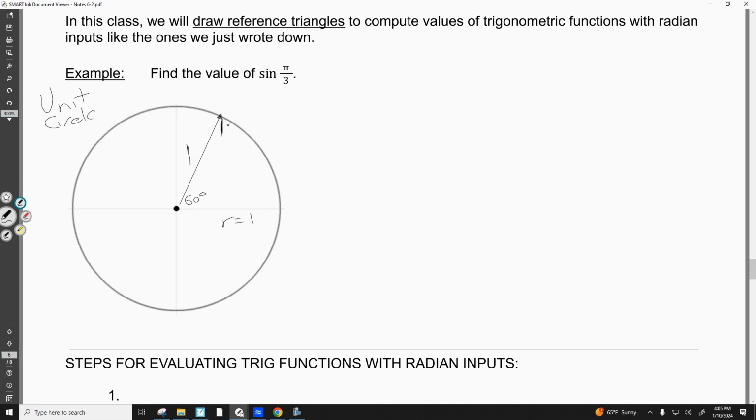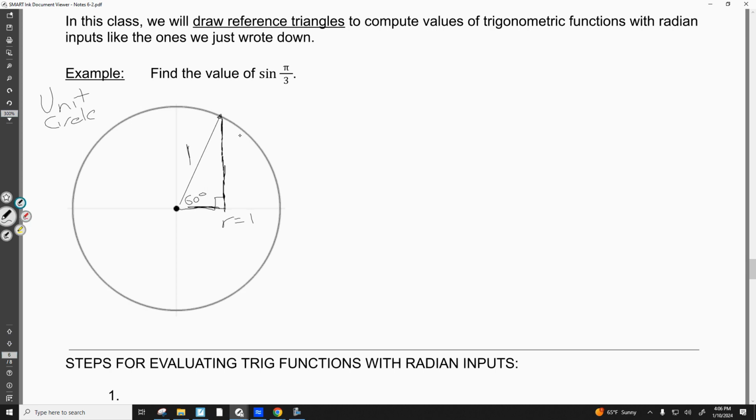Draw a line going down to the x-axis, never to the y-axis. Always reference to the x-axis, draw the triangle. And all of a sudden, what do you see? A 30, 60, 90 triangle with a hypotenuse of 1. We've just put triangles into circles. We just connected day 1 to day 2 with the radians in the circle.